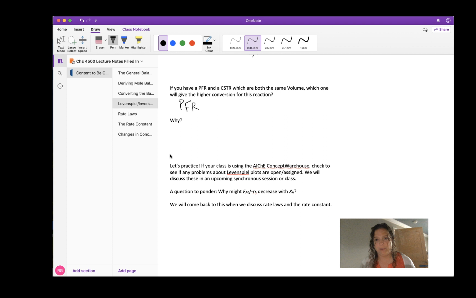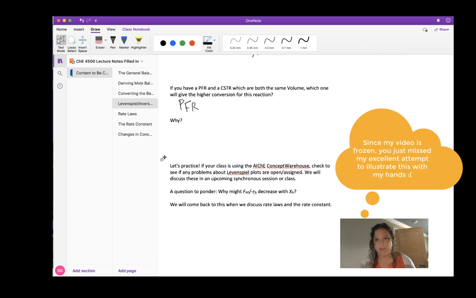So the PFR, flow rate enters the PFR, it's at some concentration, and then as the reaction proceeds down the length of the PFR, or down the volume of the PFR, the concentration of reactants decreases, and the concentration of products increases. And in a CSTR, everything dumps into the CSTR and is well mixed, but the CSTR is operating at the exit concentrations. So the moment everything enters, it's immediately mixed into these exit conditions, and that's what's being drawn off of the CSTR.